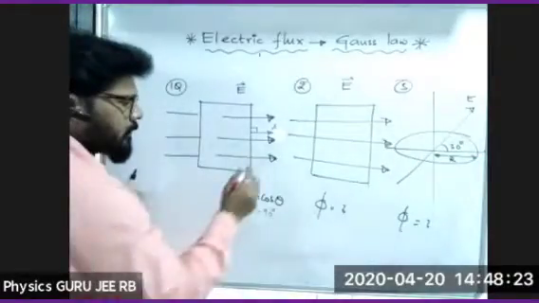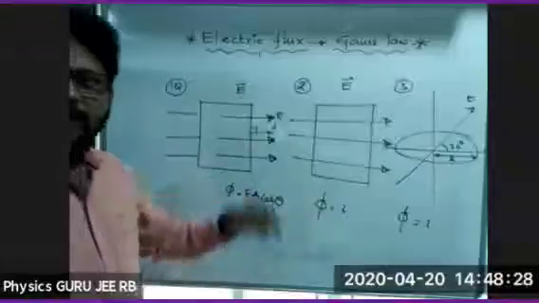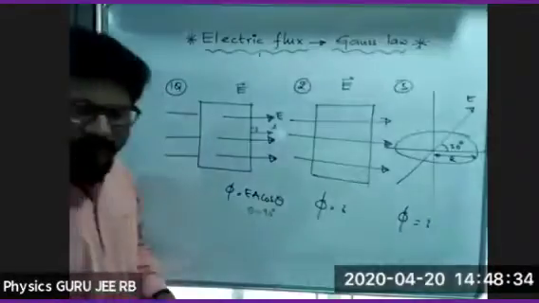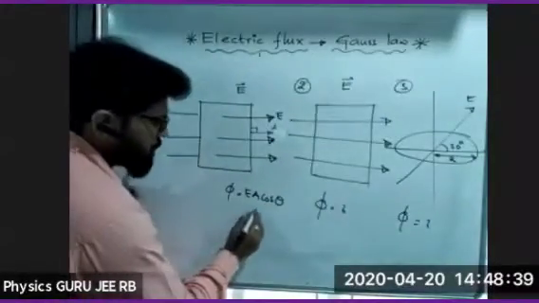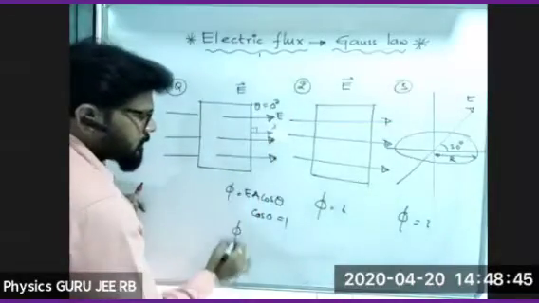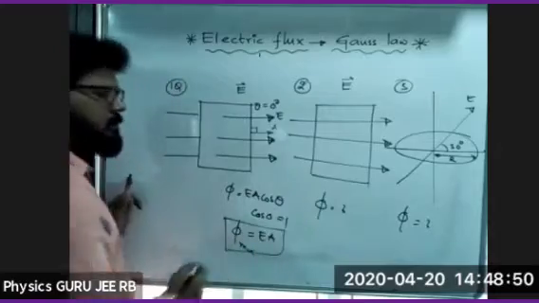Sorry. Now, here E and A, how are they? What is the angle between E and A? Angle between E and A is 0. That means cos 0 equals 1. Then flux can be written as E into A. It's nothing but maximum. Flux is maximum when theta is equal to 0.